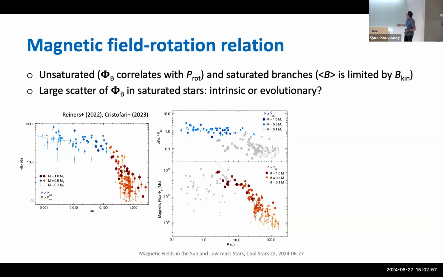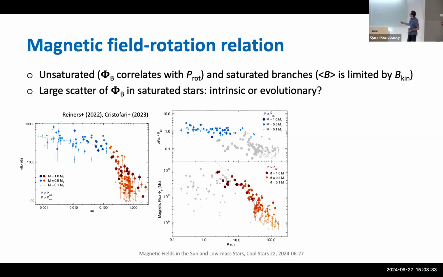You have seen these pictures earlier today, so there is a usual relation between field strength and Rossby numbers indicating unsaturated and saturated regimes, and there is a tighter relation if you switch to the magnetic flux to rotation period. There seems to be this effect of magnetic field in the saturated branch being limited by the kinetic energy available from convection.